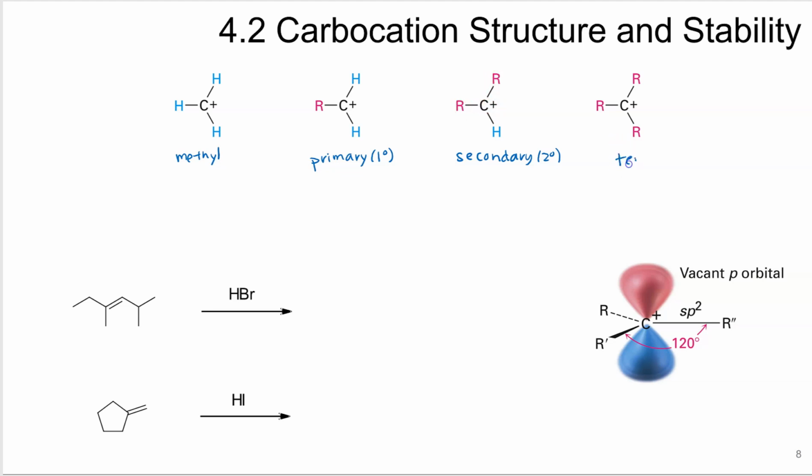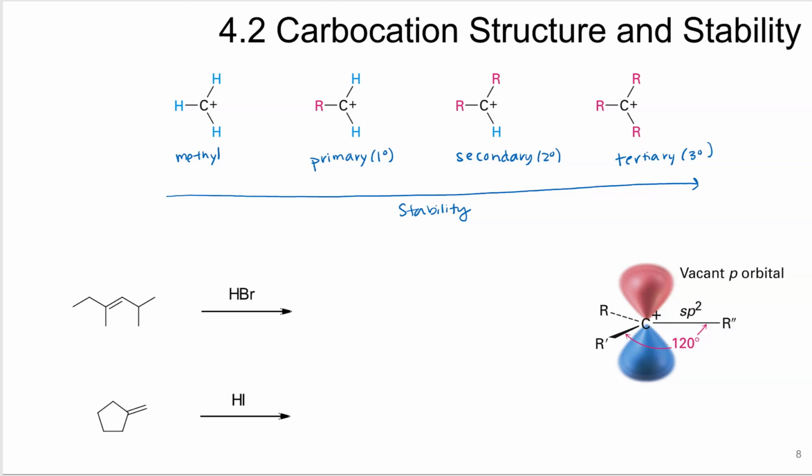This one is tertiary. And the stability trend moves this way. The increasing number of alkyl groups to support the positive charge makes it more stable. And that is due to the vacant p orbital, and when that positive charge is there, it can lend its electron density into the carbocation to support the positive charge.